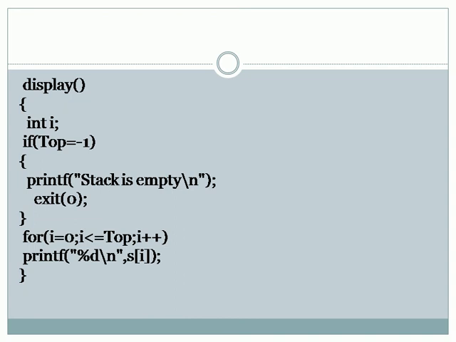Once it comes out of the loop, it has already displayed all the 4 elements from 0 to 3, so it has to stop. So I have included here the end of the display function. This is how the display function will display all the elements of the stack starting from 0 to top.